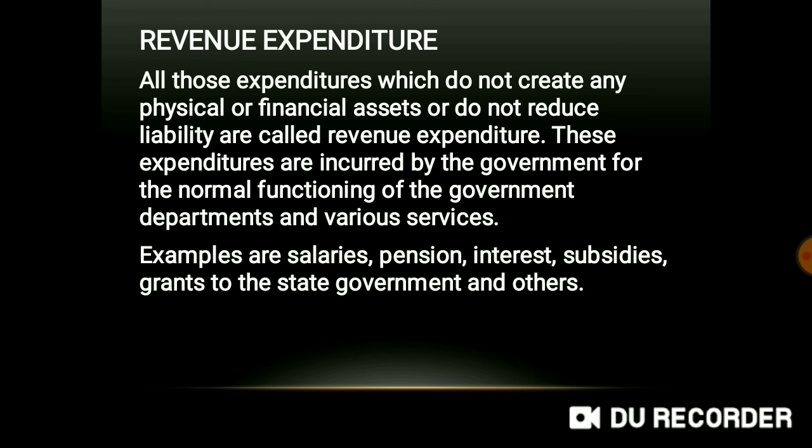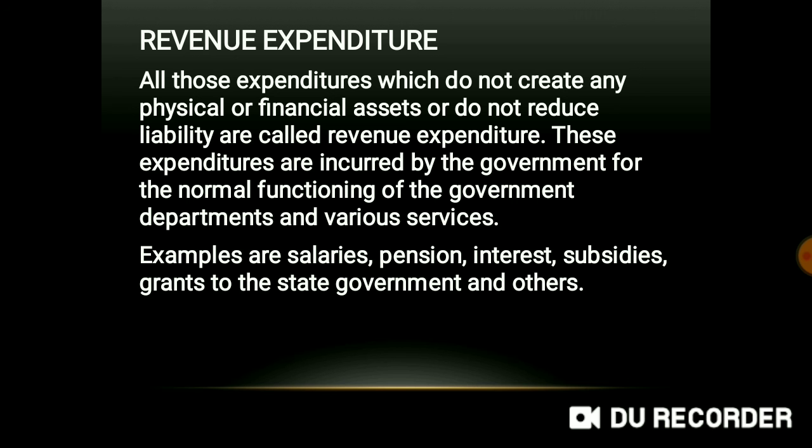Now let us move to the another component of budget, that is the expenditure. There are again two components of expenditure, that is the revenue expenditure and the capital expenditure. Now let us talk about the revenue expenditure. It is that expenditure which does not create any physical or financial assets, or which does not reduce the liability of the government.